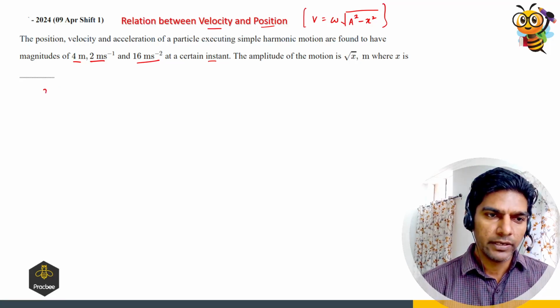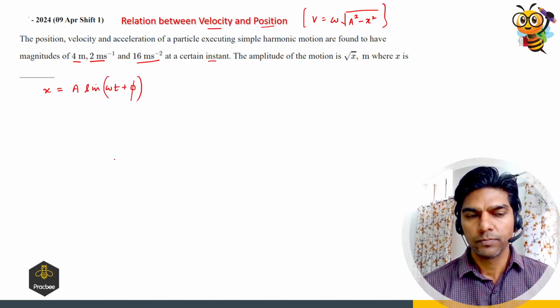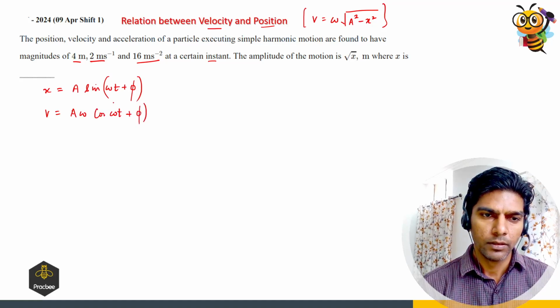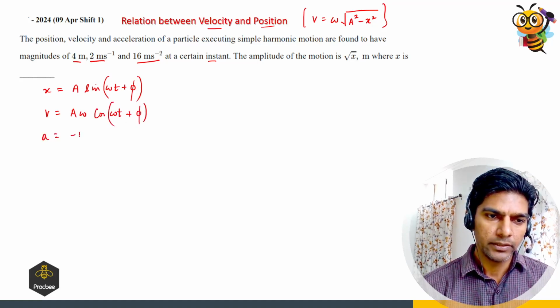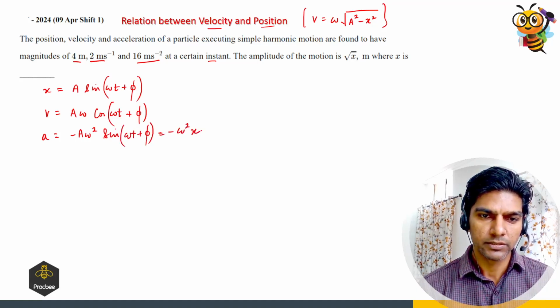Okay, right. So if I write down the equation, x is equal to a sin omega t plus phi. Let us say this is the general equation, and velocity will be given as a omega cos omega t plus phi, and the acceleration will be minus a omega square sin omega t plus phi, or we can also write this as minus omega square times x.